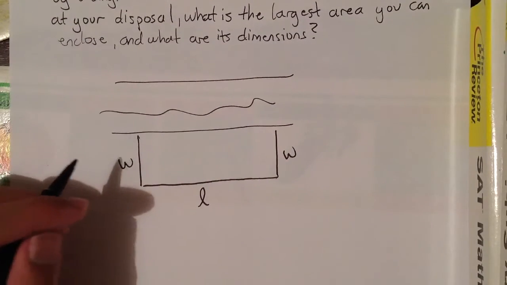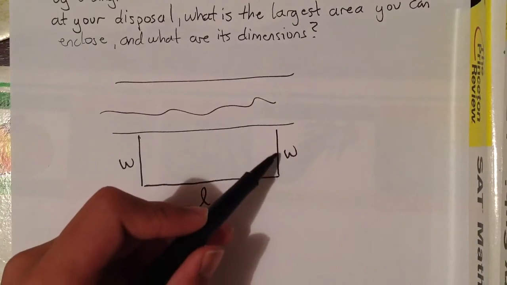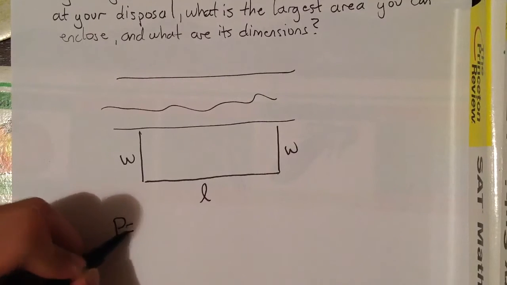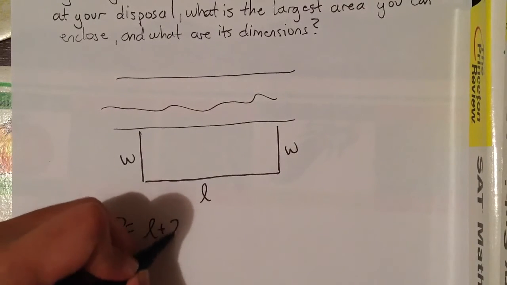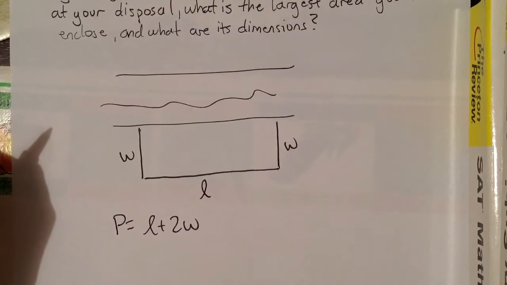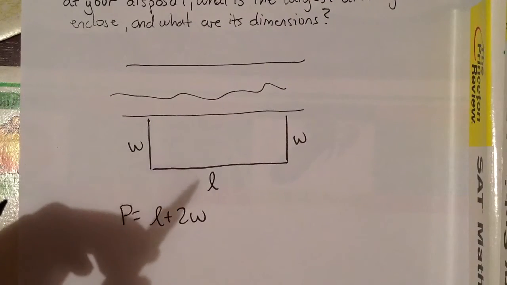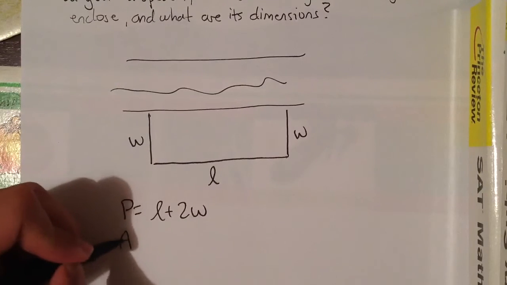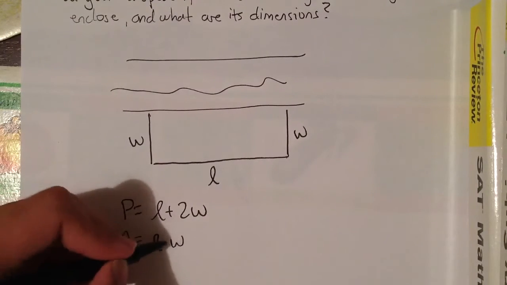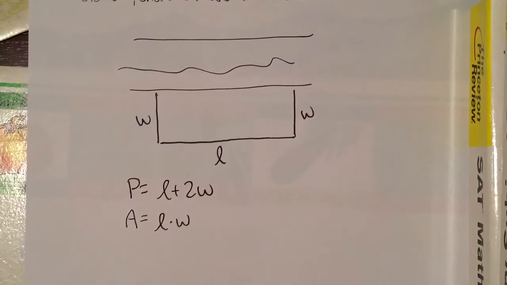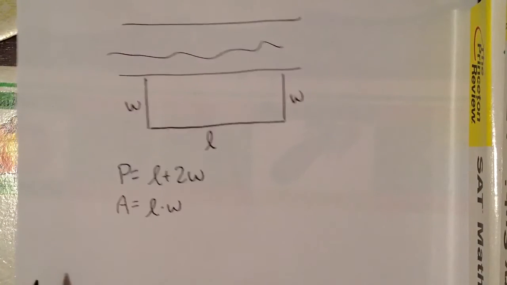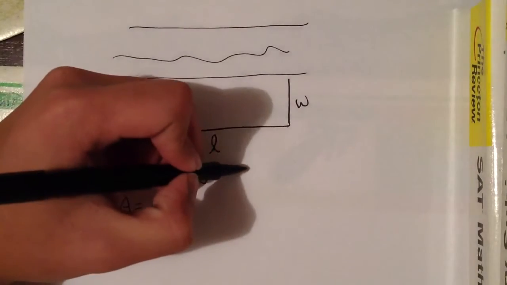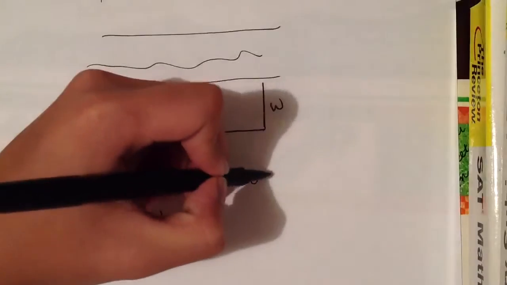So the perimeter of this rectangle would simply be L plus 2W. We want to find the maximum area, and the area in this case would be L times W. So the perimeter is given to us by the amount of wire, and we have 2100 meters of wire.